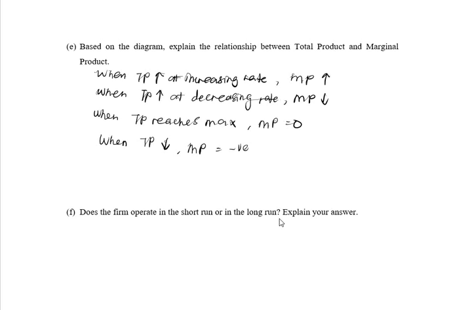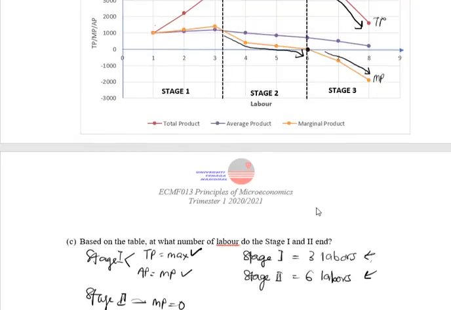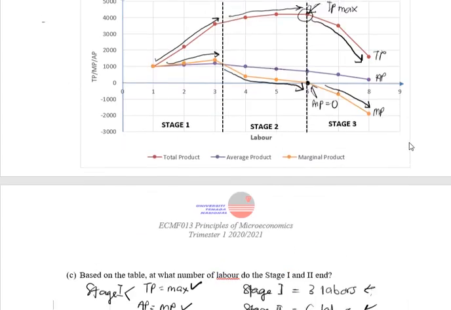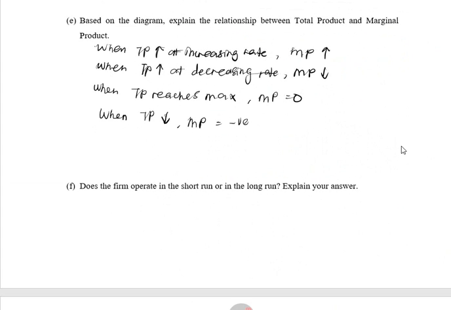But in the long run, we assume that all inputs are variable, meaning you can change the number of labor and capital in your production. In this case, if you look at the table, your capital is fixed. It remains the same. So you have fixed input in this production. Therefore, this production is in the short run.